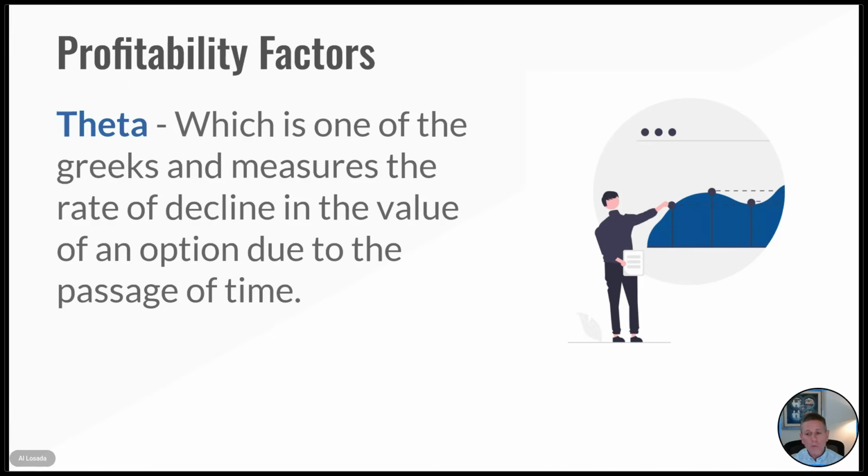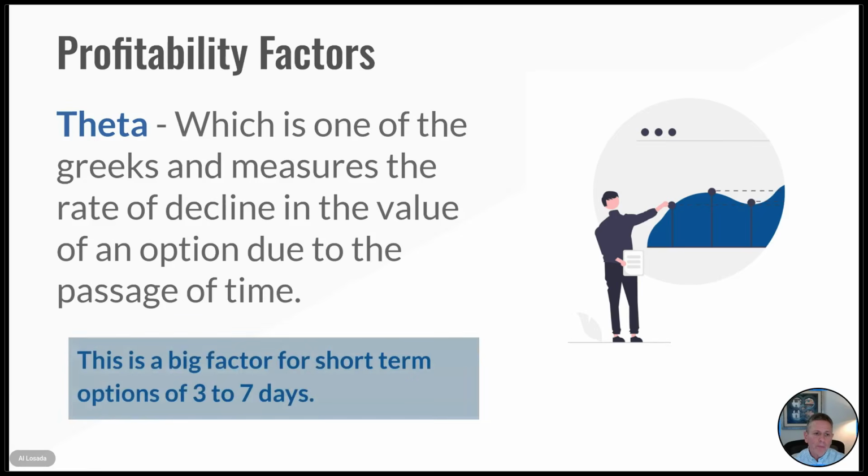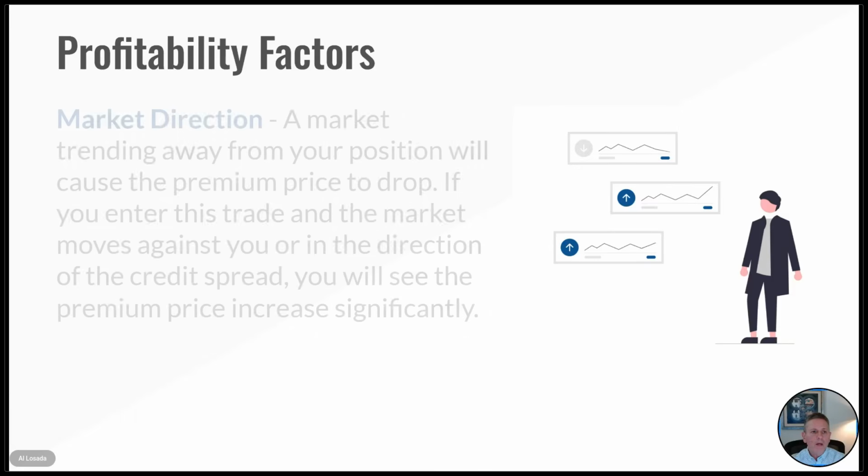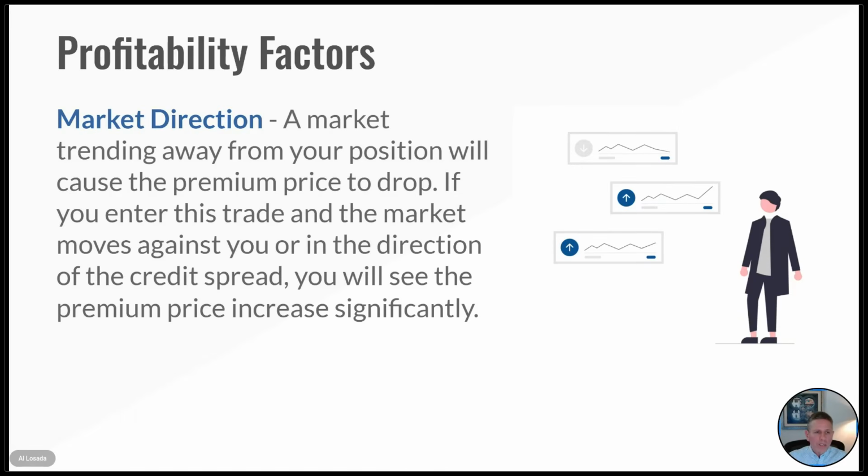So when you place that trade, basically over time it decays, and that's where you get your profit. So this is a great factor for options for 7 DTE, basically 3 to 7 days, and these are great trades to play.